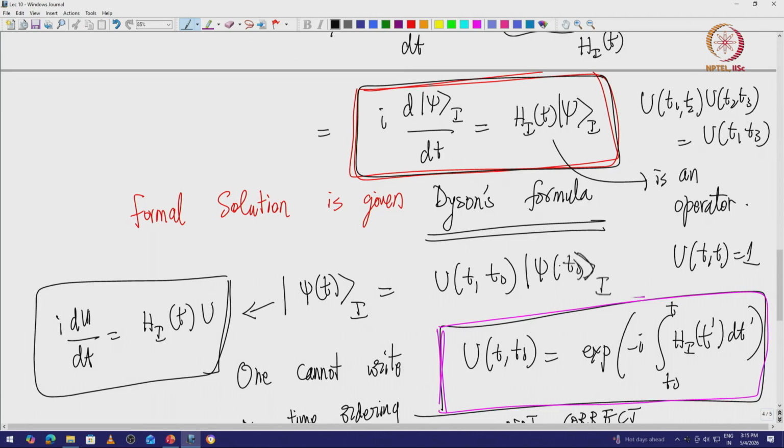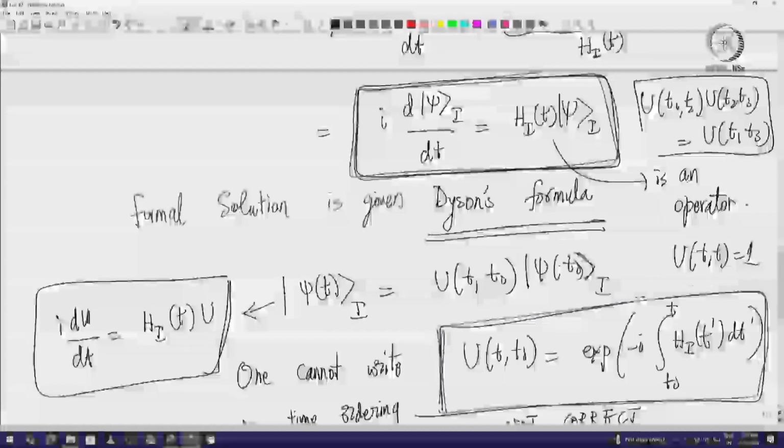So this operator should be adding up the time intervals in between. This is essentially the condition on this operator. What it means is that if you have any intermediate time, it should fall before the final time.